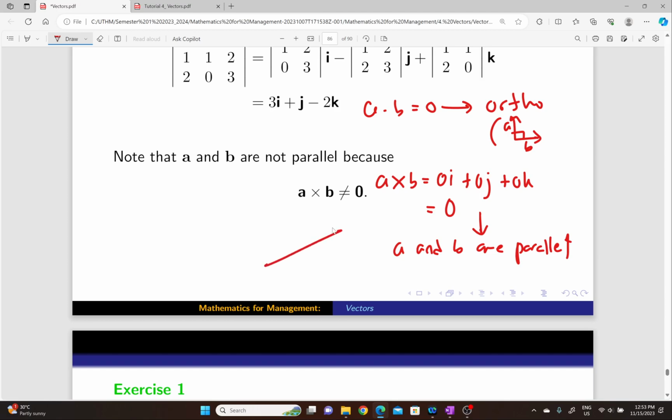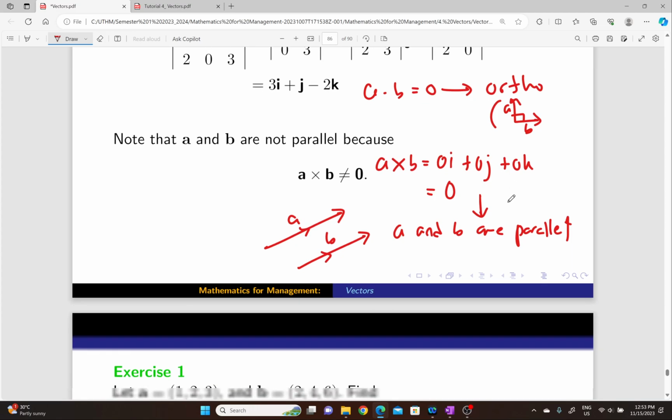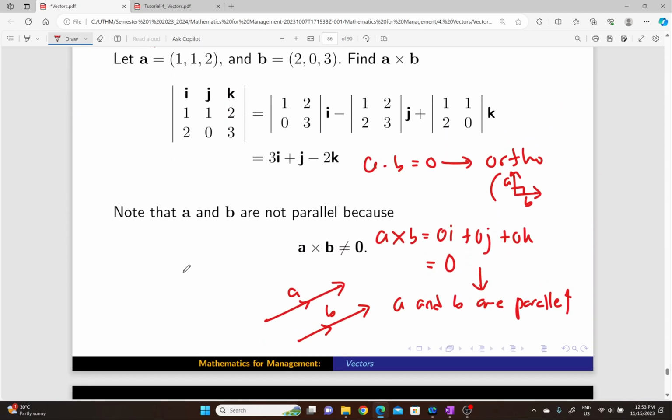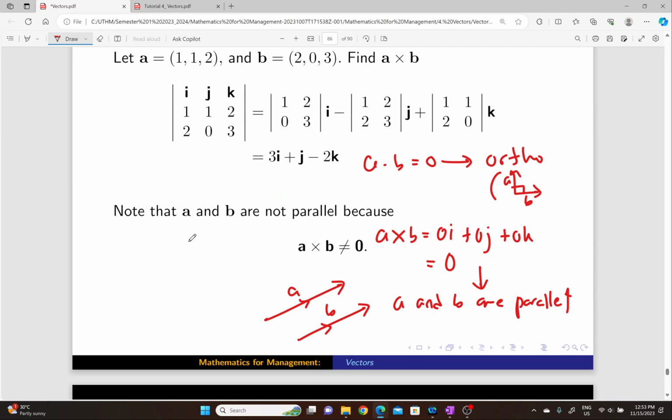Parallel means A is like this, B also like this. Okay, so now note that A and B are not parallel. Is this 0? No. So A and B are not parallel. That's the thing.